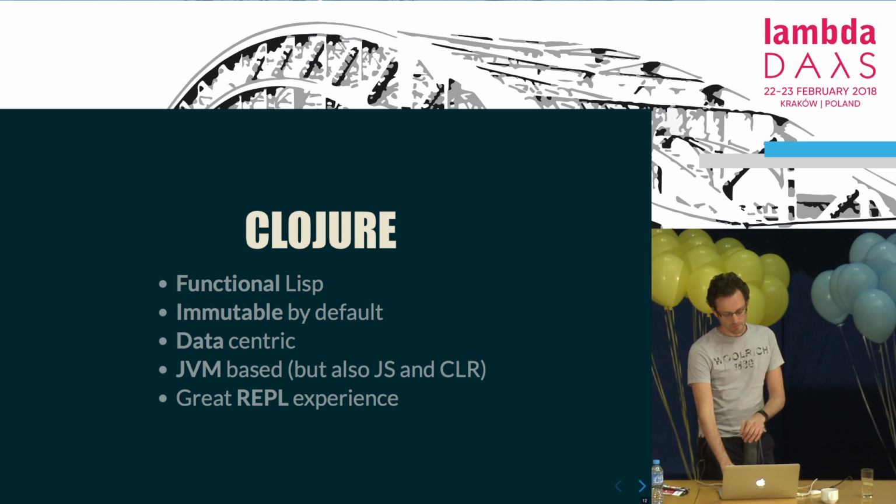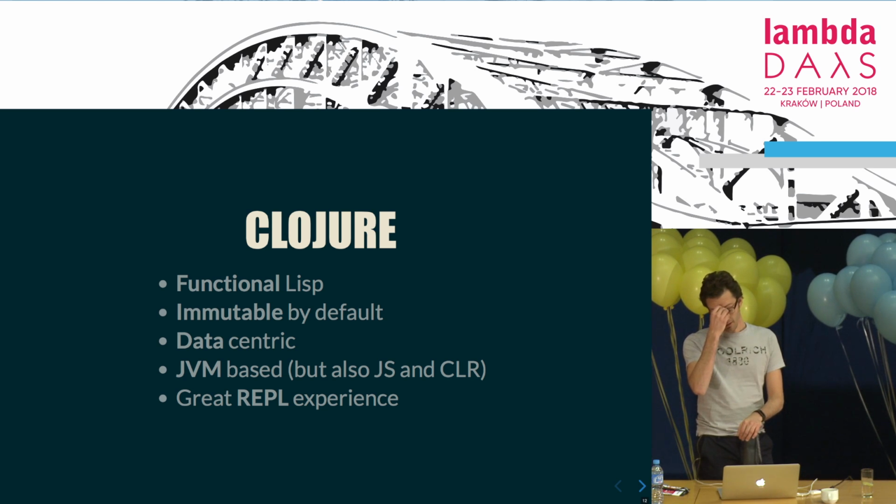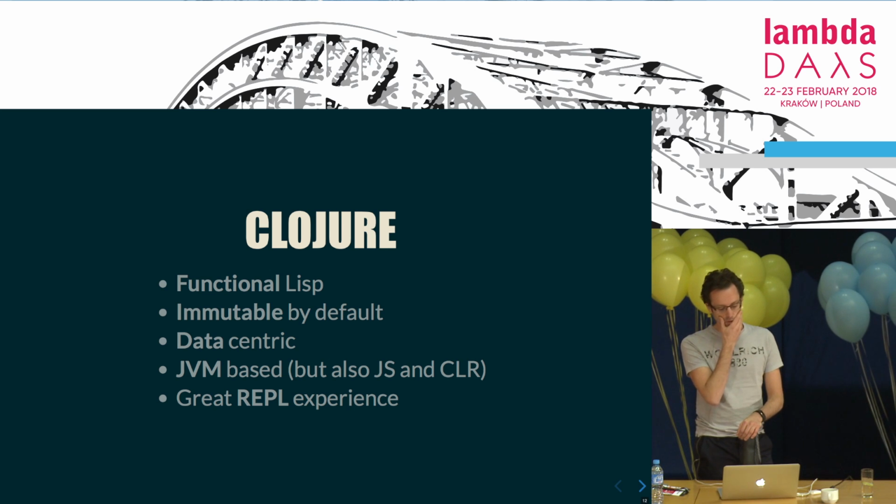And then even more importantly, it is based on the JVM, so it runs natively on the JVM. There is also ClojureScript and CLR, for example, but the JVM interoperability is really nice to use.